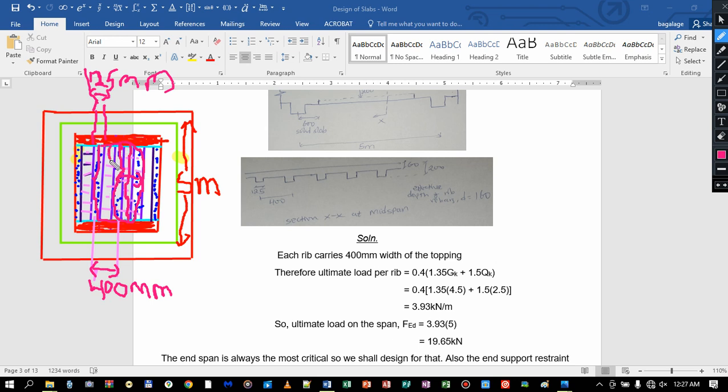It's also distributed in a manner that half the load goes to this rib and half the load goes to this rib. In the end each rib will carry half its spacing this side and half its spacing the other side. So it will carry a load that occupies a width of the rib spacing, which brings us to the statement that each rib carries 500 mm, the width of the topping.